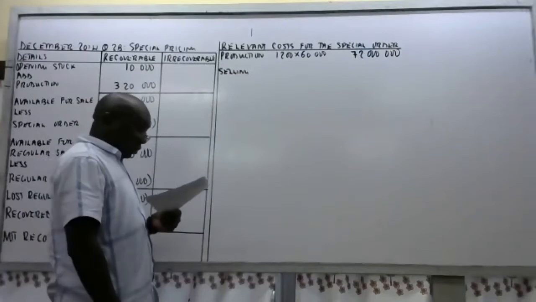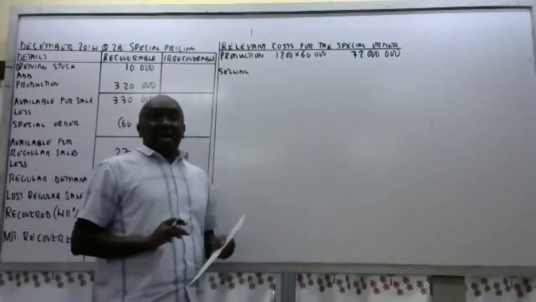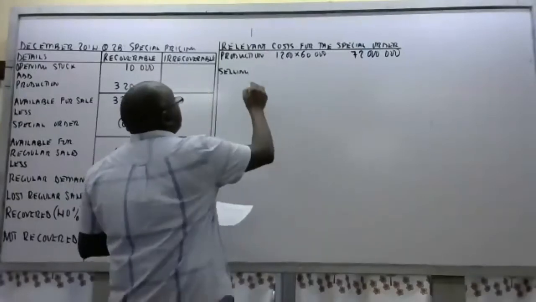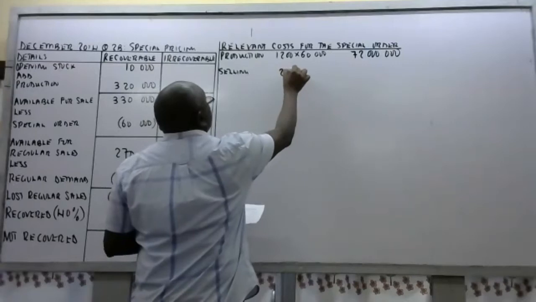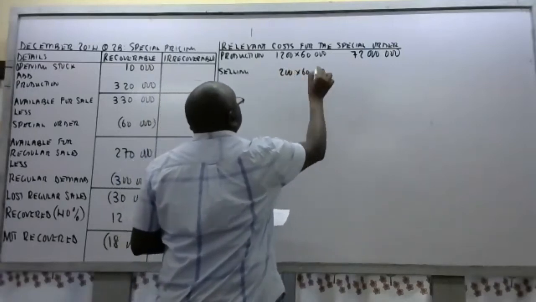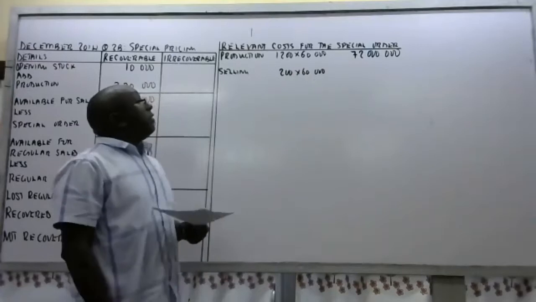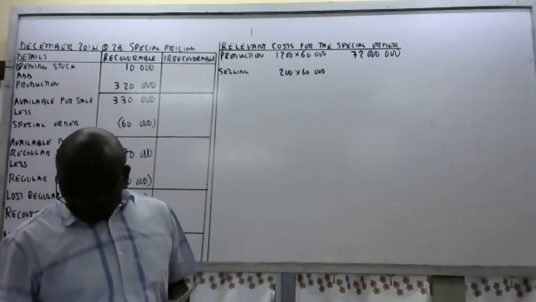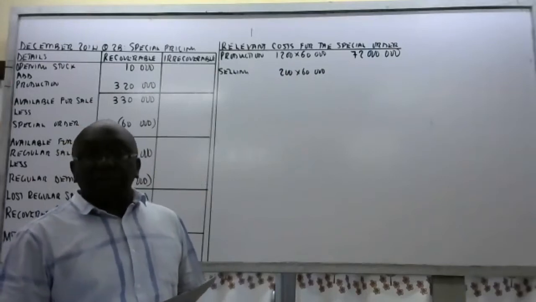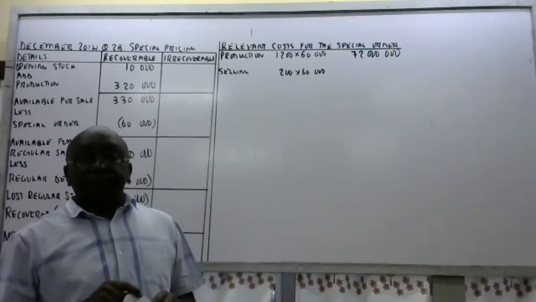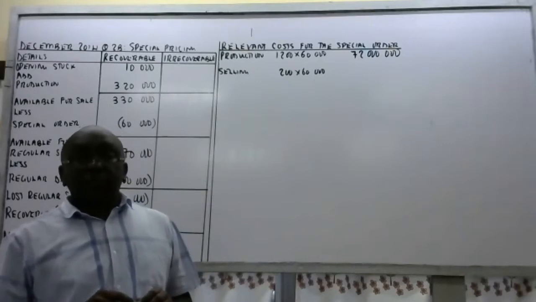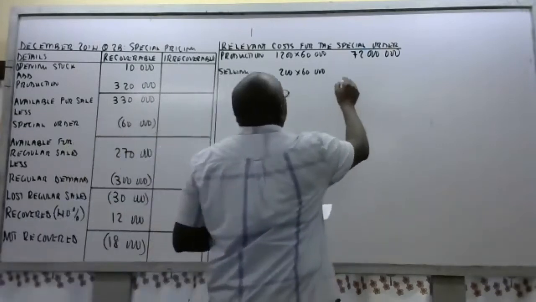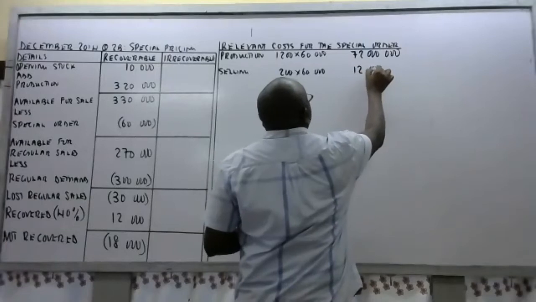Now selling, we are told, as you can see up there, it is 300. But now they're saying it will be 200. So you take 200 times 60,000. That would be how much? 12 million, according to Jack.